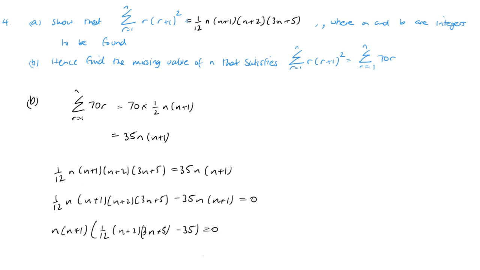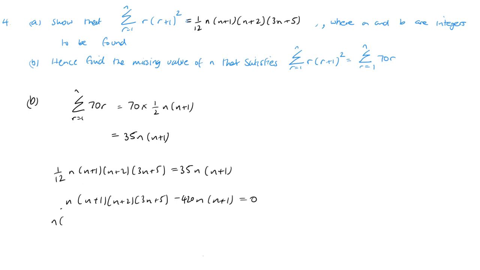That's not really going to work for me, so let's go back a step and multiply by 12. Okay, so if I multiply through by 12, this is going to become 420.